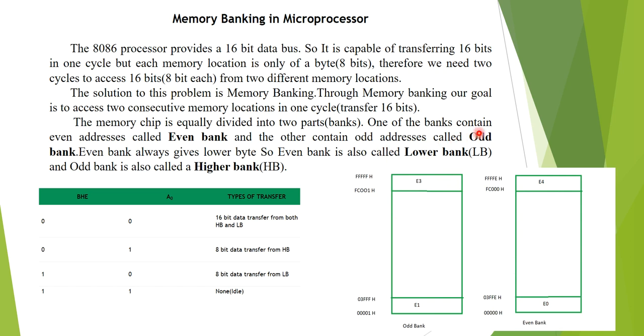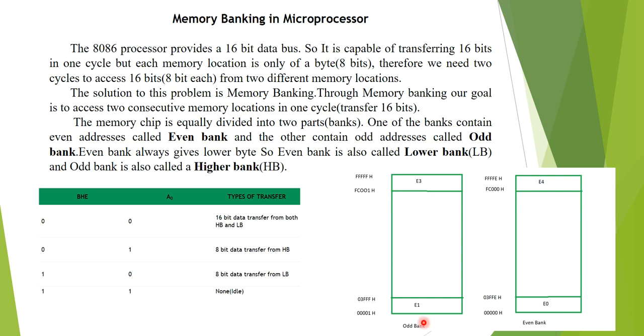Physically, 1 MB memory is divided into two parts, each of 512 KB. So overall we have 1 MB memory, but it is physically divided into two banks.